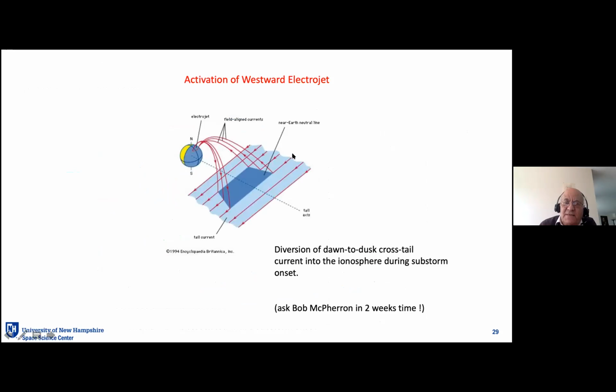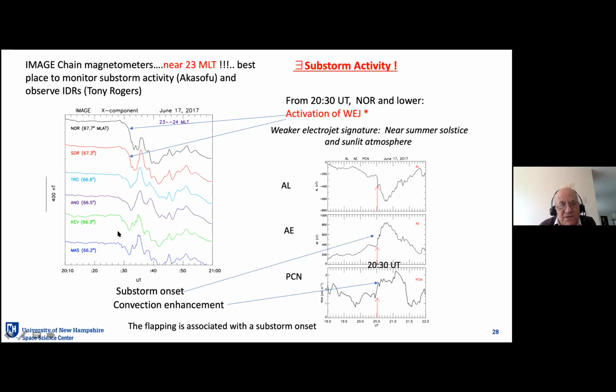You have a dawn to dusk cross-tail current, which is deviated at substorm onset through field-aligned currents here and goes to the ionosphere. This is the electrojet here. This diversion is called the substorm current wedge, and here is the westward electrojet in the ionosphere. That's giving rise to these signatures here on the ground.